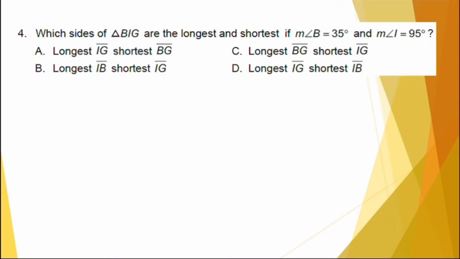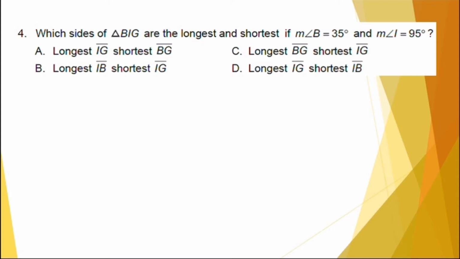Next, number 4. Which sides of triangle BIG are the longest and shortest if the degree measure of angle B is equal to 35 degrees and the degree measure of angle I is equal to 95 degrees? A. The longest is line segment IG and the shortest is line segment BG. B. The longest is line segment IB and the shortest is line segment IG.